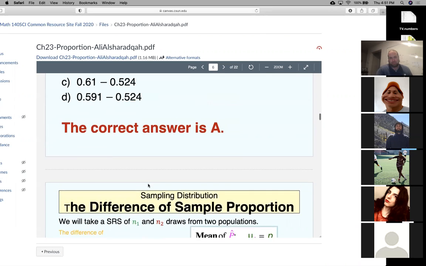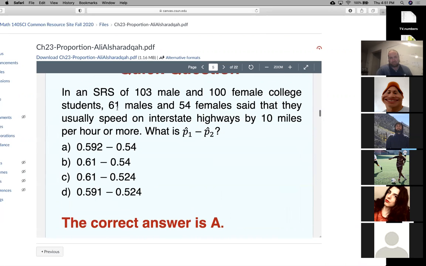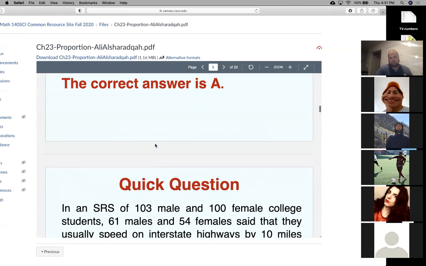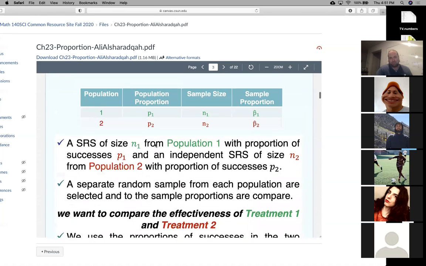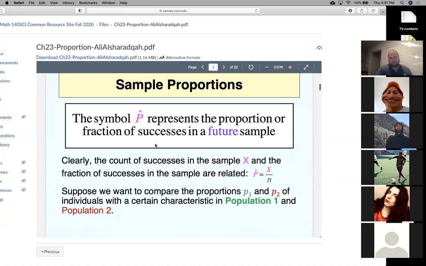So explain, please. What to explain? Successes over trials. 61 over 103, that's P1 hat. 54 over 100, that's P2 hat. Subtract them. I'm not sure what to explain. The formula for P1 hat is like before, successes over trials.